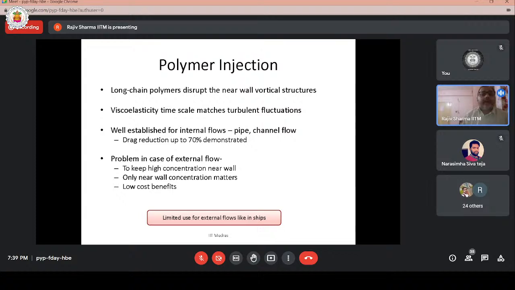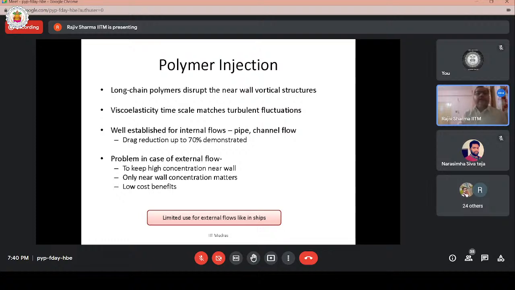Now, why can't we apply it to ships or aircraft? Because the idea is to keep a very high concentration near the wall, which is not going to happen. It's difficult. The surface area is too large. The velocity of water over it is also significantly large. There are other flow disturbances. Only near wall concentration matters.